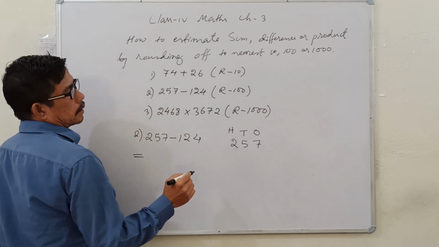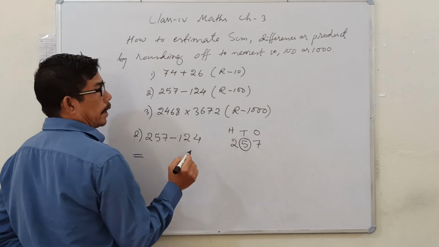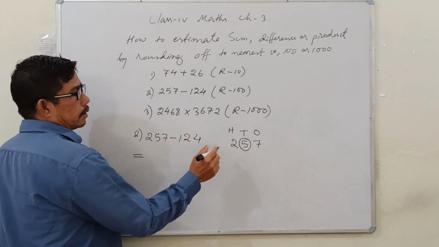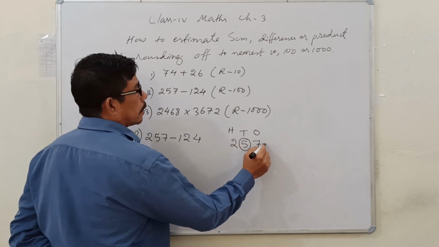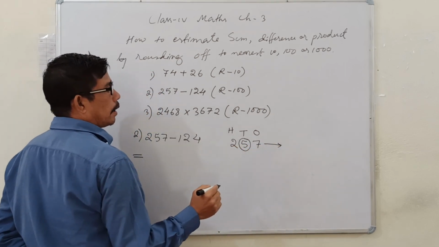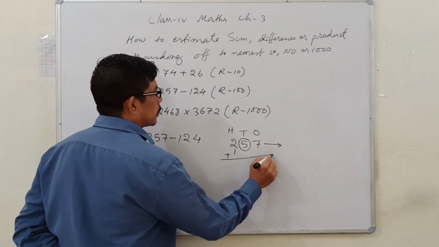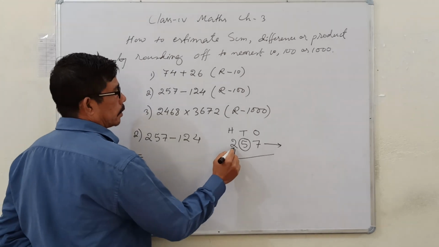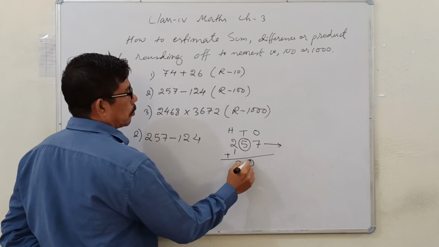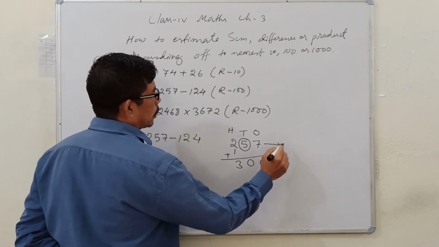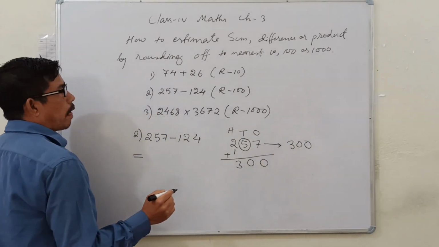So nearest 100 means we shall examine the digit in 10's place. This digit is not less than 5. Then, we shall add 1 to the next digit, to the left side digit. That means it becomes 3. And others will be replaced by 0, 0. So it becomes 300 after rounding off to nearest 100.